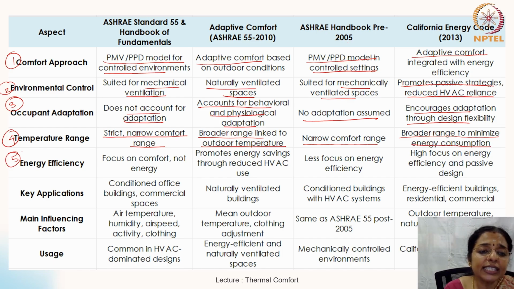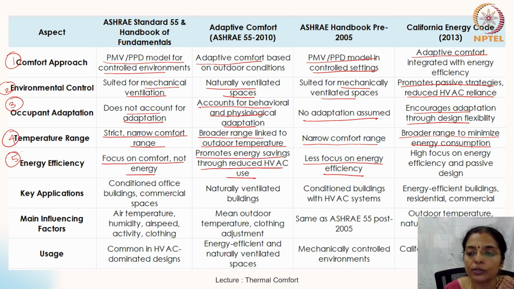ASHRAE Standard 55 focuses on comfort and not energy. Similarly, the pre-2005 ASHRAE handbooks also focus less on energy efficiency, whereas the adaptive model promotes energy savings through reduced HVAC use, and the California Energy Code has a high focus on energy efficiency and passive design.